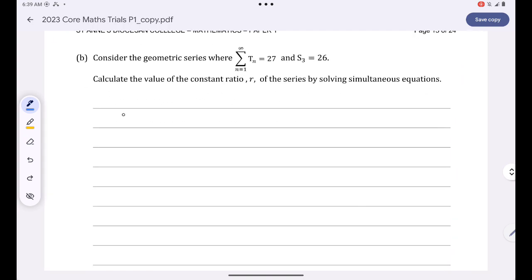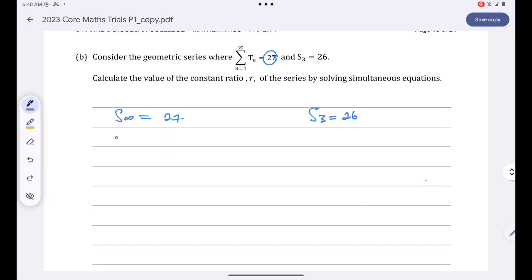If I have infinity over there, guys, that simply means this is just equal to the sum to infinity. Are you together? And I'm also told that the sum of the first three terms is just equal to 26.